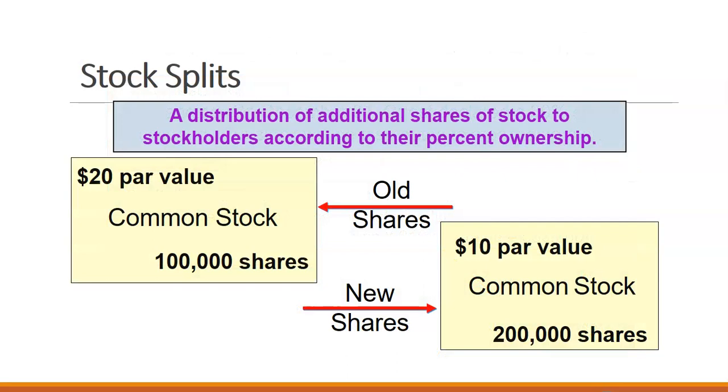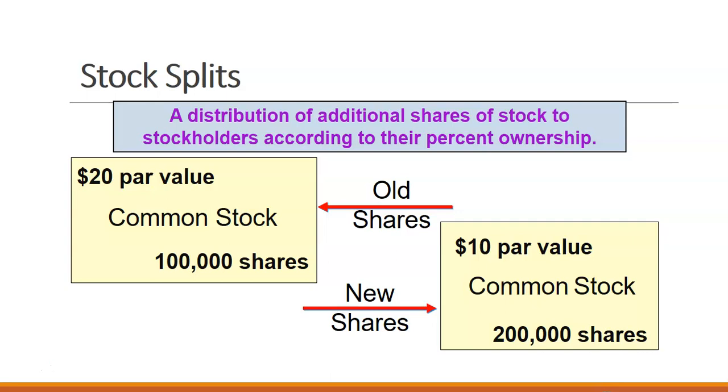A stock split is a distribution of additional shares of stock to the current stockholders according to their percent ownership. In this example, we are looking at a 2-for-1 stock split.